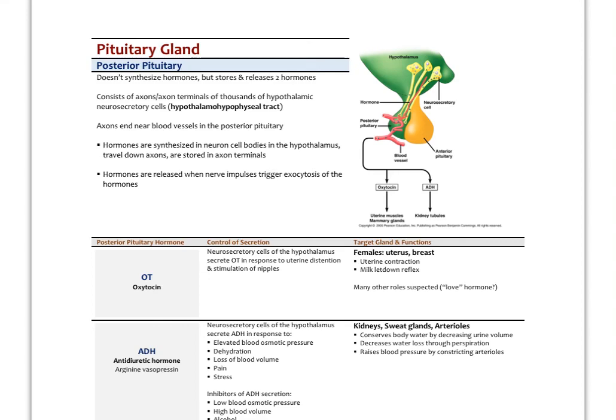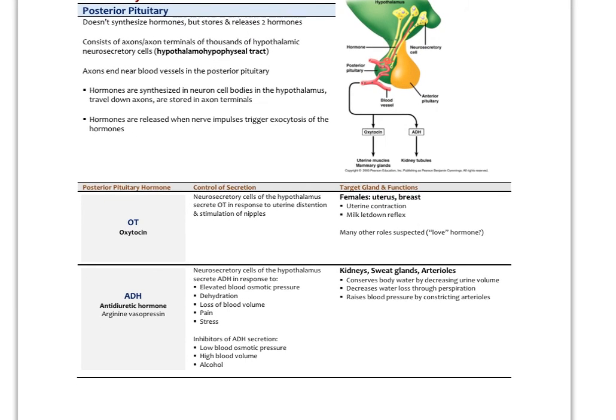And these secreting neurons can synthesize the hormone. They travel down the axon. They can be stored in vesicles at the ends of the axons until they need to be released. Oxytocin, abbreviated OT, is released primarily in response to uterine distension and nipple stimulation.